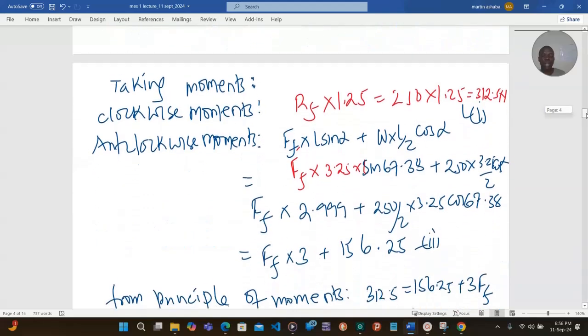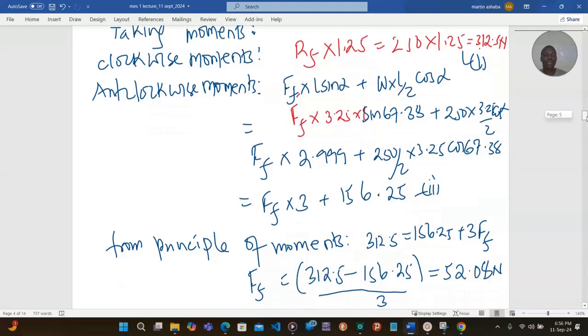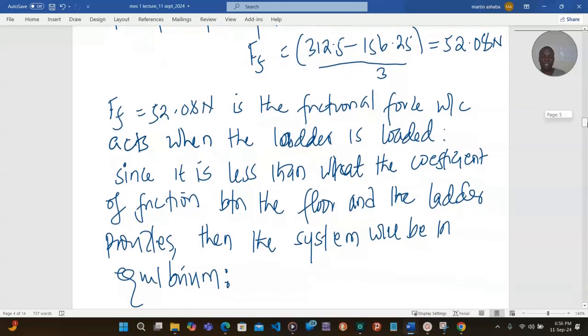Now, if we take moments, we shall find F. If we find that it is a different value, it is either going to be higher or less. But since the friction force obtained from moments is the force acting when this ladder is loaded, in other words, when it is working, as long as this frictional force does not go beyond the frictional force provided by the coefficient of friction, then this ladder system will be in equilibrium.